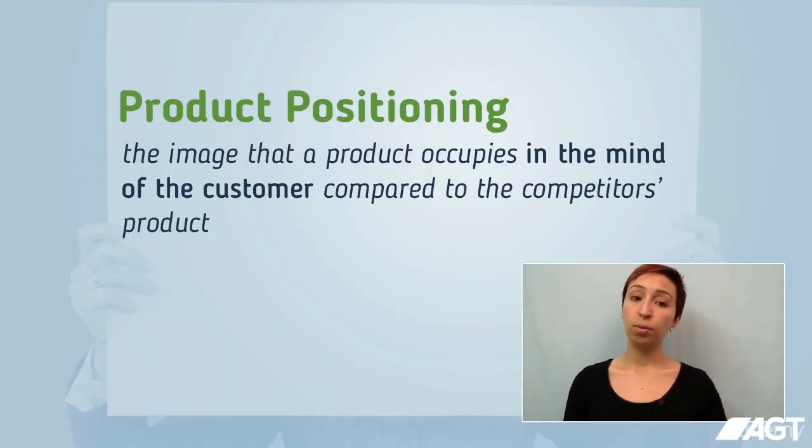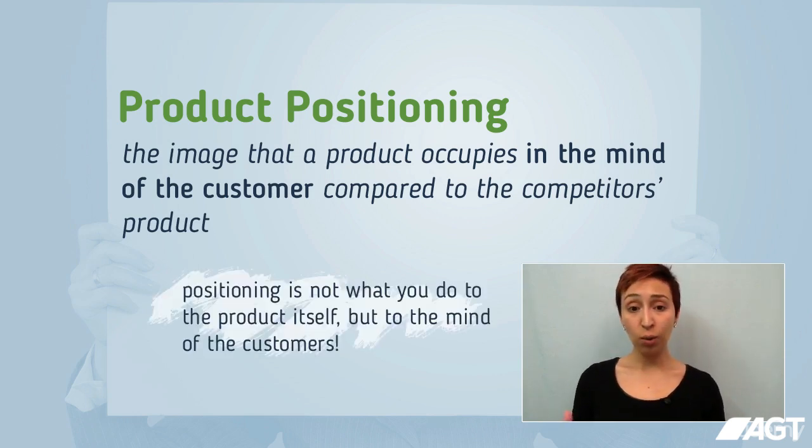After segmenting your market and choosing the market segments that you want to target, it's time to position your product. Product positioning is the image that a product occupies in the mind of the customer compared to the competitor's product. You basically want to create the message that will allow you to reach your target group. Be careful.